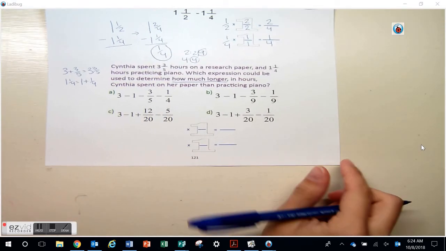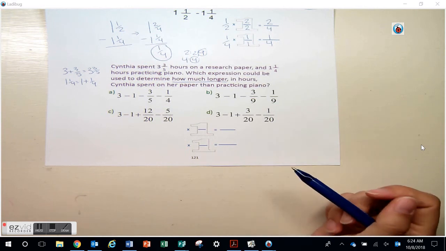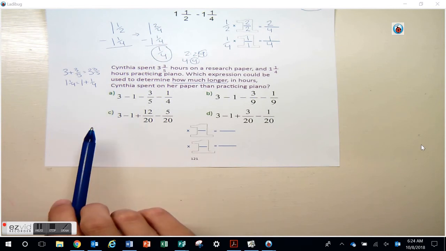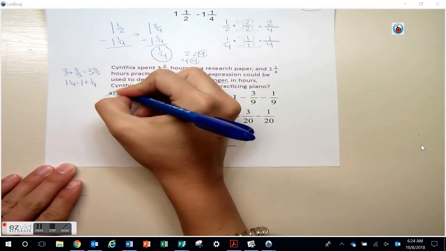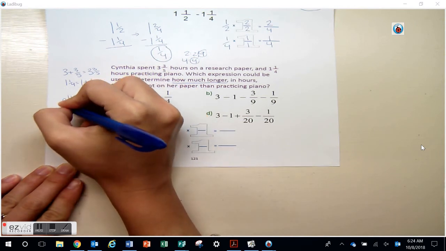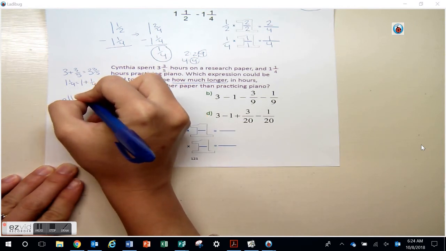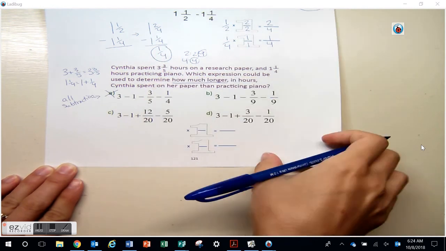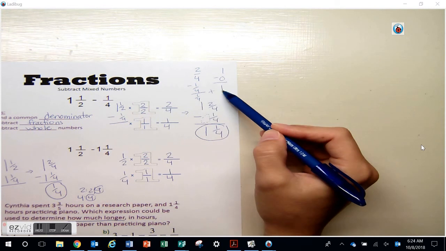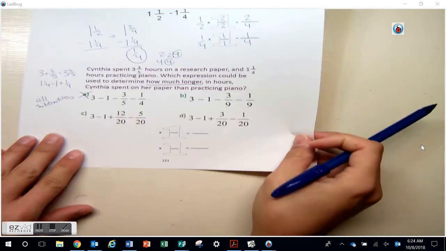Okay? Well, I know because I need to create these fractions that A is not going to be it. This is all subtraction. And if you look, I can't have all subtraction because I need to put the fraction piece with the whole number. I cannot do that.